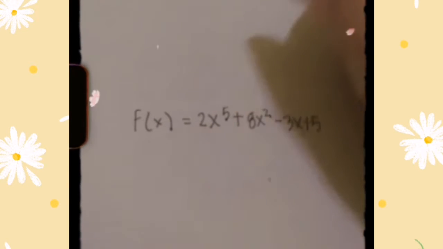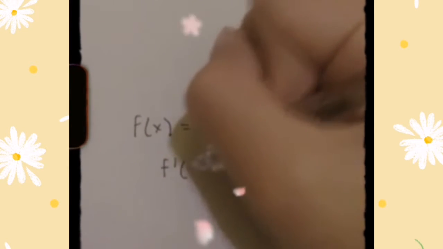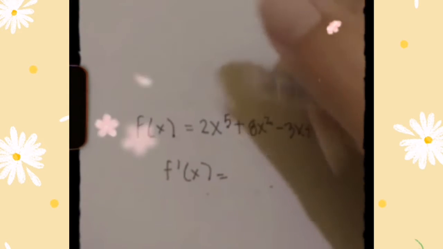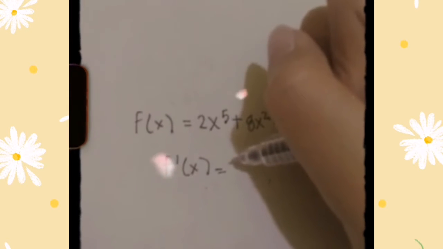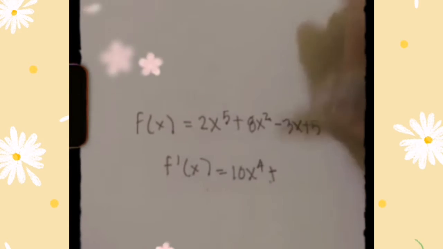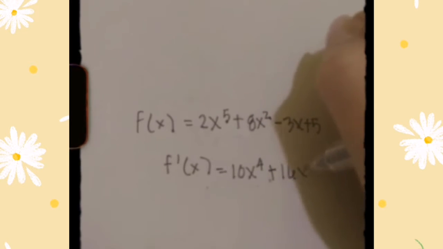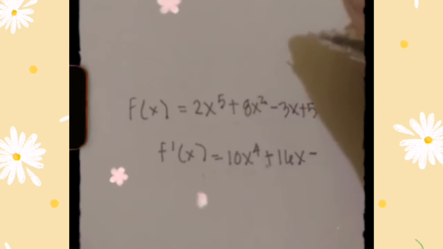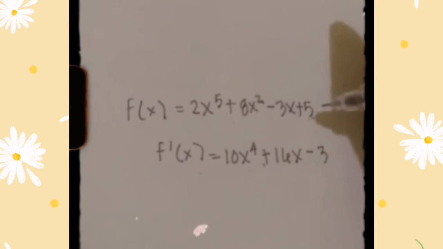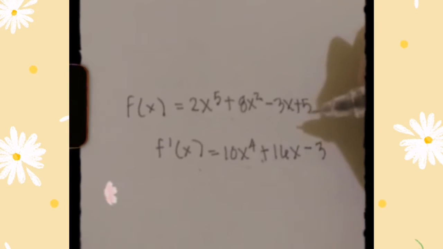So, the derivative of the first term: f prime of x is equal to the derivative of 2x to the power of 5, so the answer is 10x to the power of 4, plus the derivative of 8x squared, which is 16x, minus the derivative of 3x, which is 3, plus the derivative of 5, which is 0. So we don't need to write the 0.